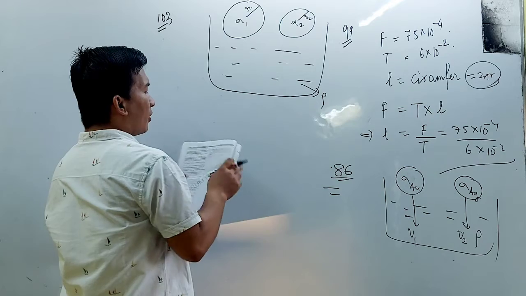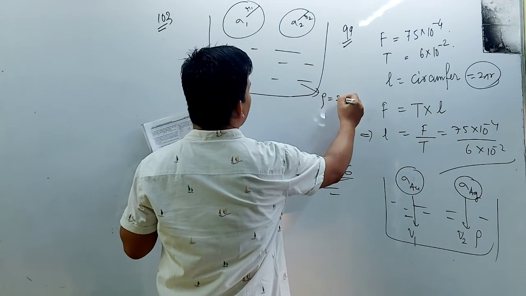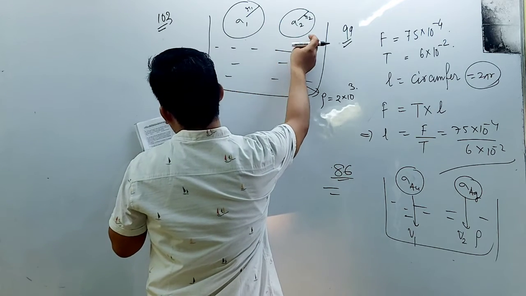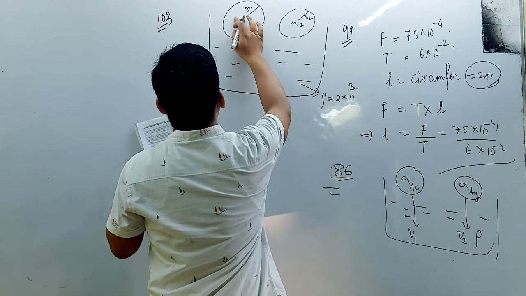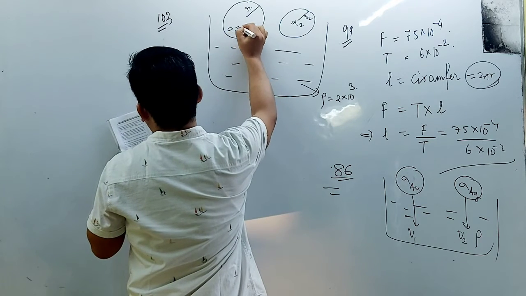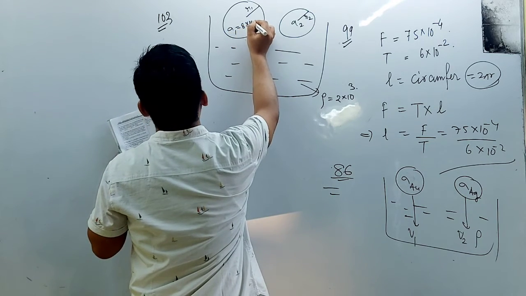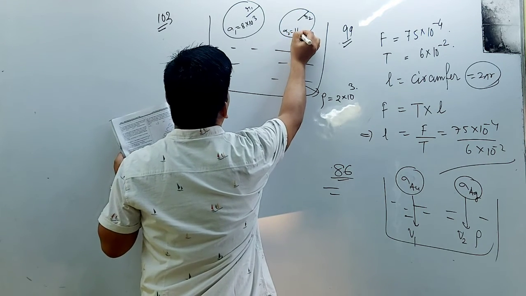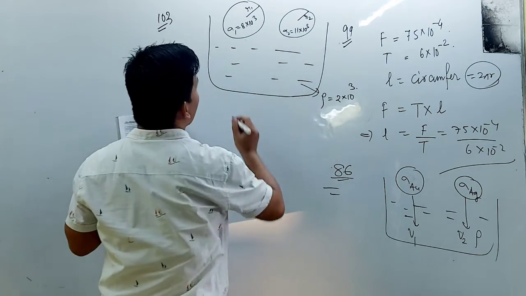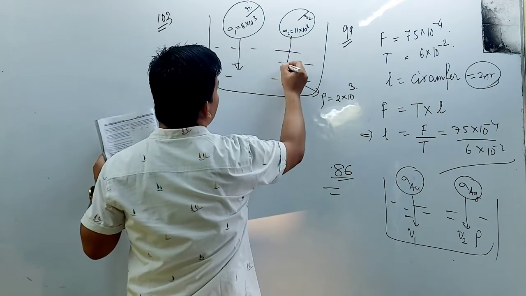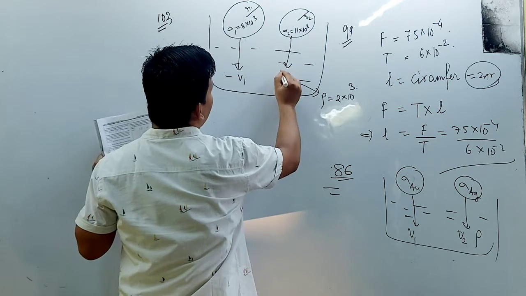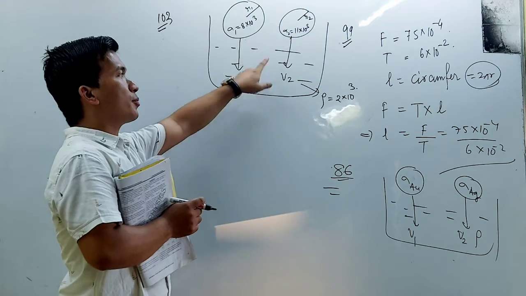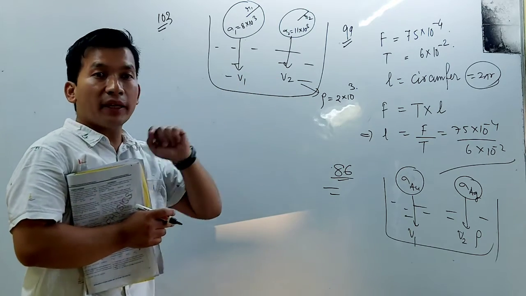The density of the medium is given as 2 into 10 to the power 3. The density of sphere number 1, sigma 1, is equal to 8 into 10 to the power 3, and sigma 2, the density of the second object, is 11 into 10 to the power 3. Let v1 and v2 be their corresponding terminal velocities.